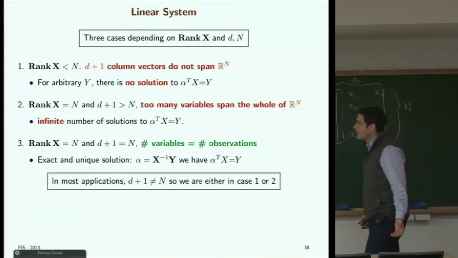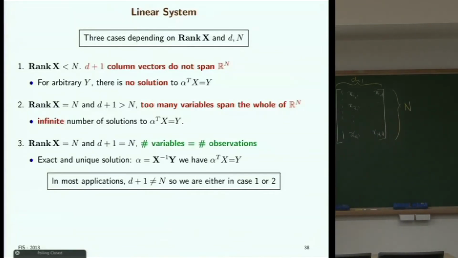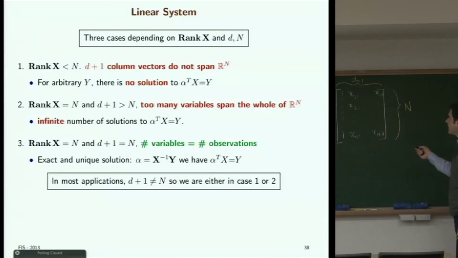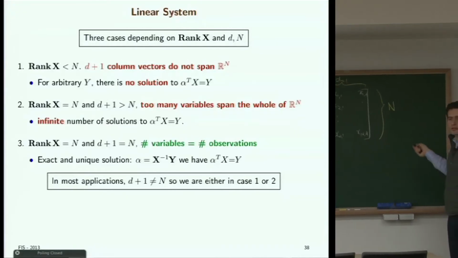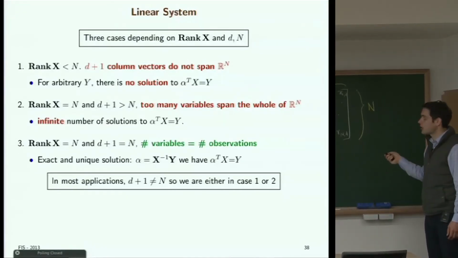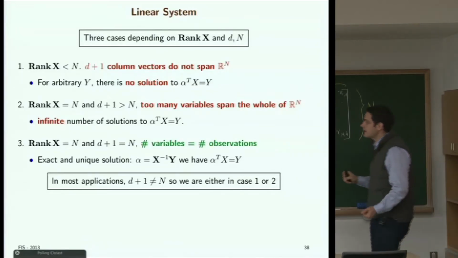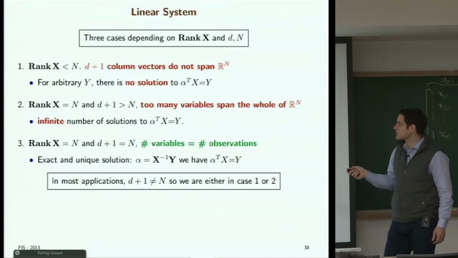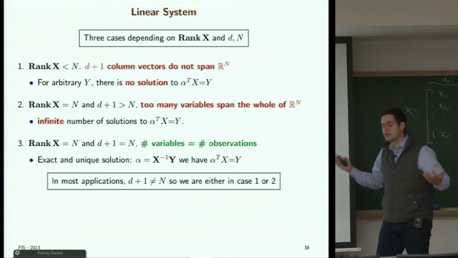Well, of course, if you have fewer vectors than the dimension, then you can never have a full rank. Okay? If I have, let's say, 10 variables and 1,000 observations, then those 10 column vectors will never span R^1000, right? So in that case, there is no exact solution alpha transpose x equals y in the general case.